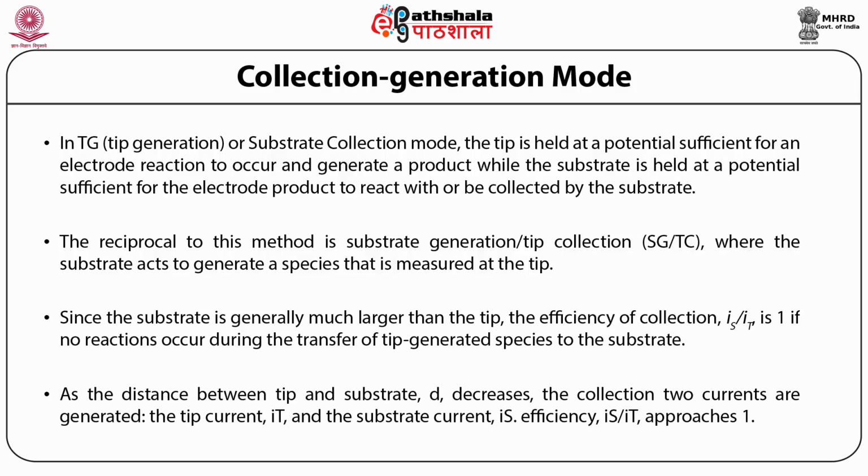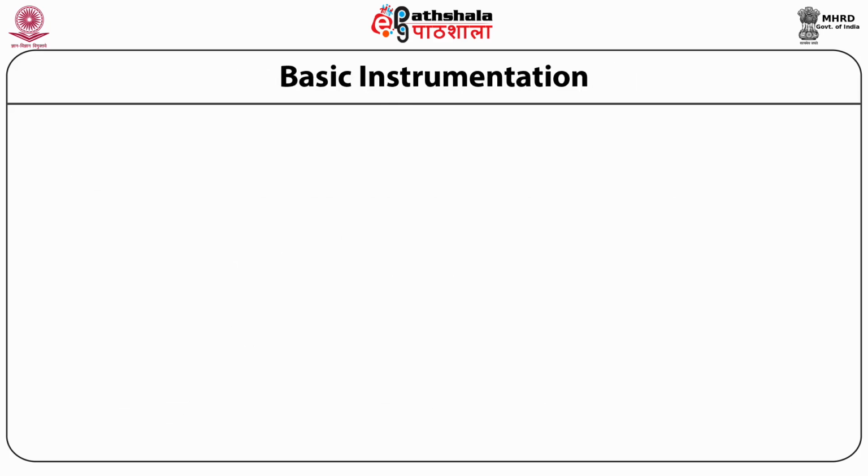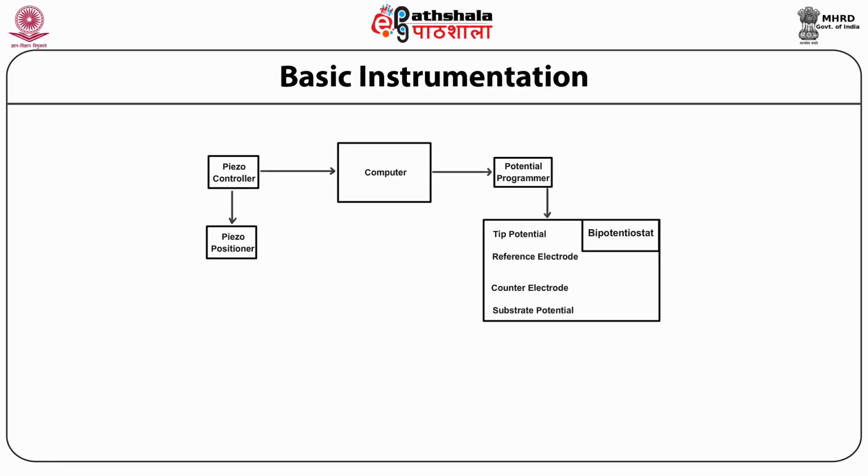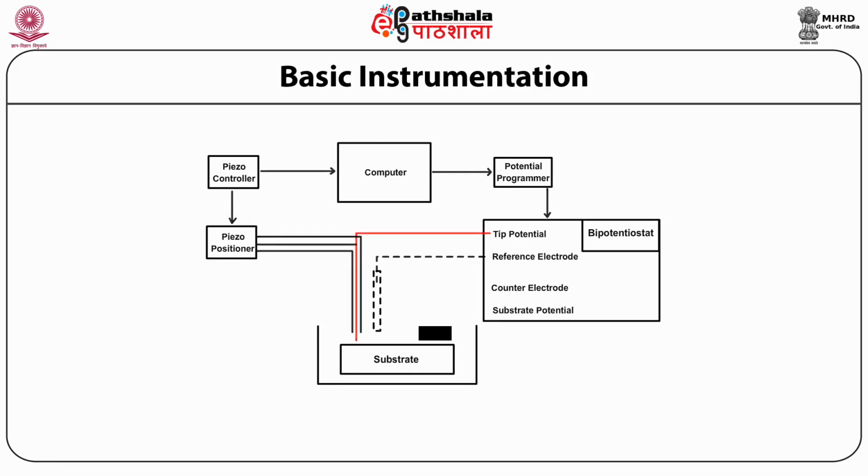Efficiency approach is one. Basic instrumentations are there, and in the beginning SECMs were constructed from a set of common components including a potentiostat or bipotentiostat and potential programmer, current amplifier, piezoelectric positioner and controller, computer and UME.